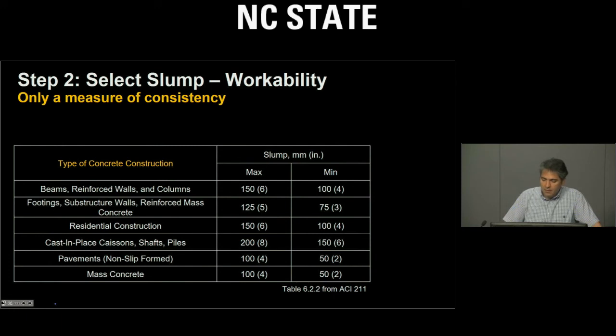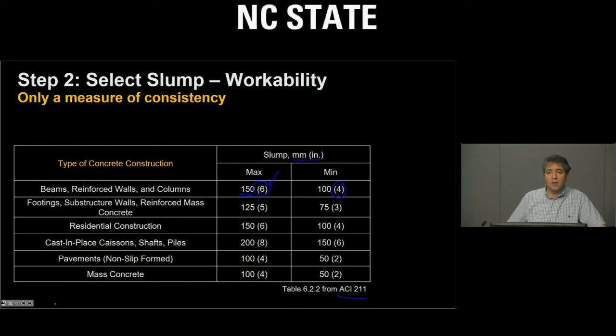Here is the table from ACI 211 that provides some suggested slump for different applications. For example, if we are casting a beam or reinforced concrete wall and column, the suggested slump is something between 6 to 4 inches. These numbers are in millimeters, and the numbers inside the parentheses are in inches.